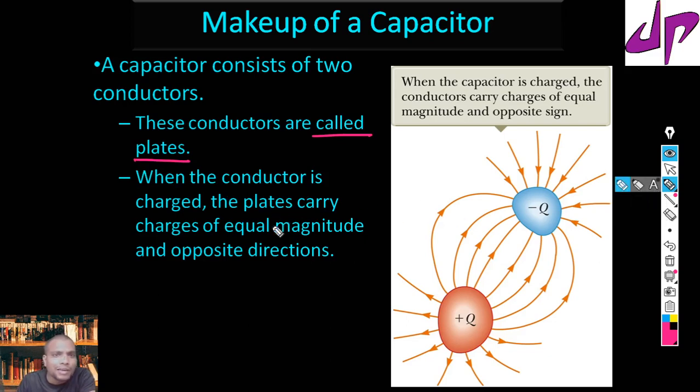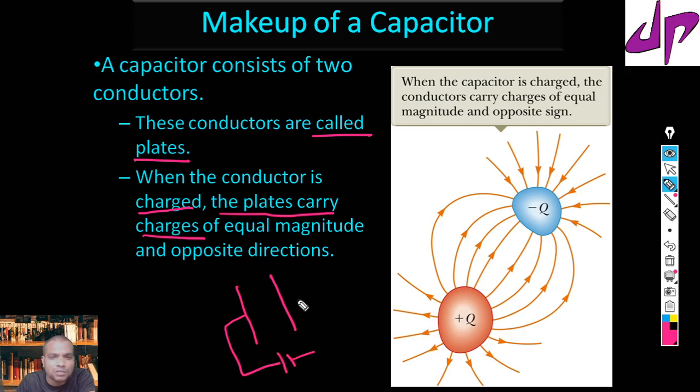Now, when the conductors are charged, the plates carry charges. It means if you have two plates, these two plates need to be charged. Here we need to apply a source, and the source is a battery. With the help of the battery, these plates get charged.